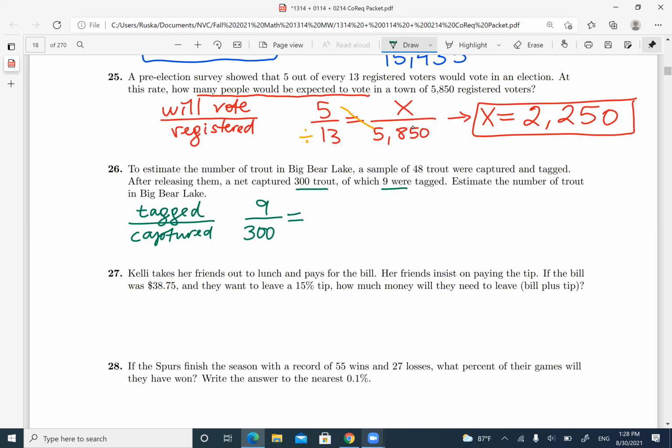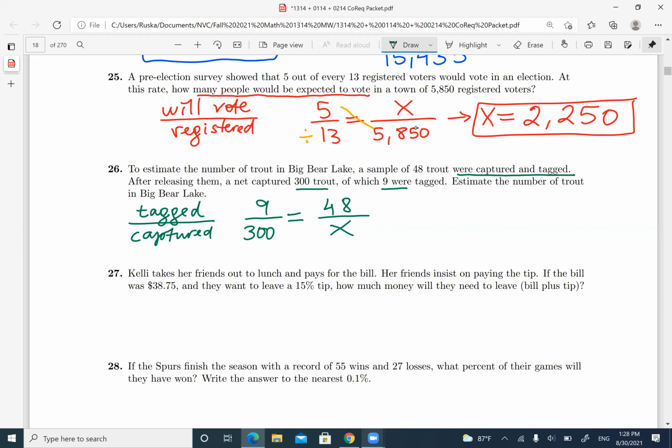equals the first time, how many are captured and tagged? See, this is captured and tagged. So it's gonna be 48 tagged the first time over the total number of all the trout in the lake, right? That's the question, over X. Everybody understand that?